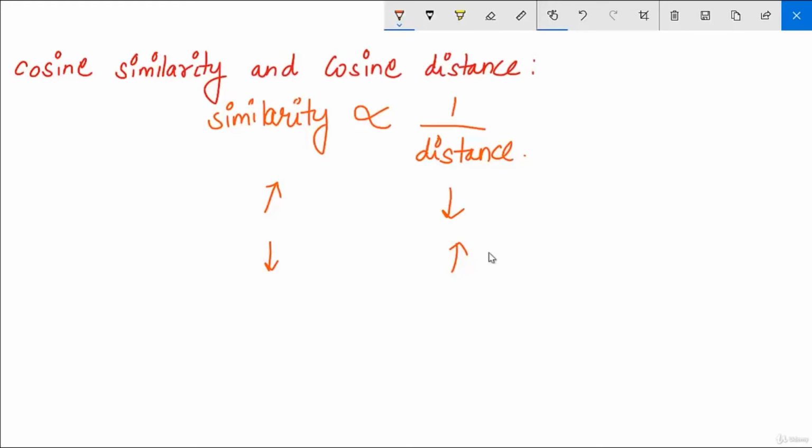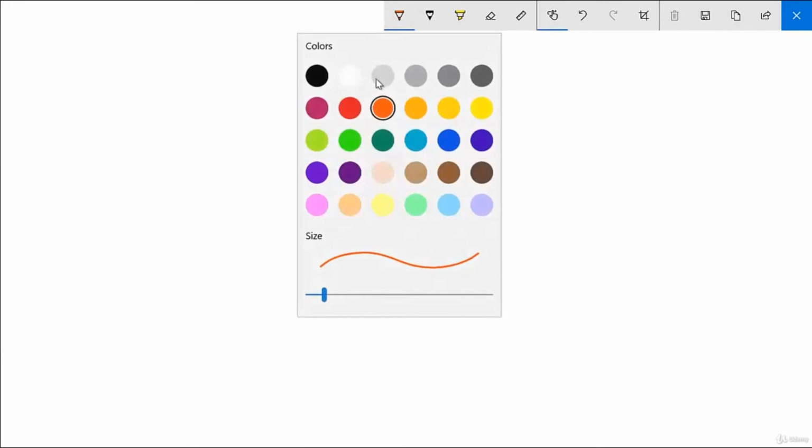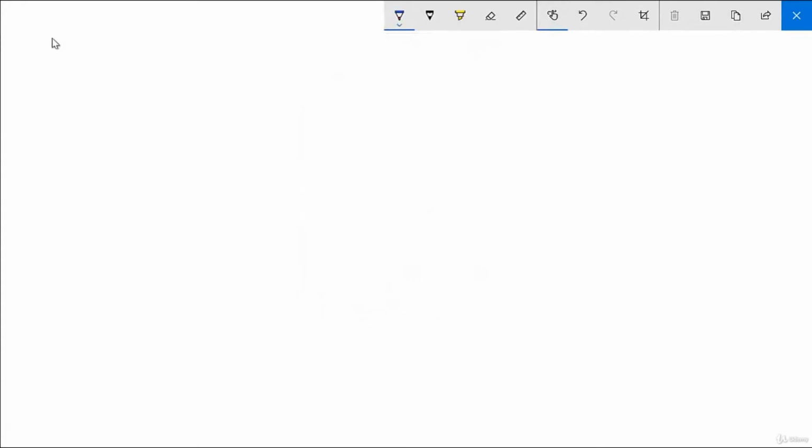So let me define the same thing mathematically now. I think I should clear the screen here. Before that, let me give you an example so that you can understand.